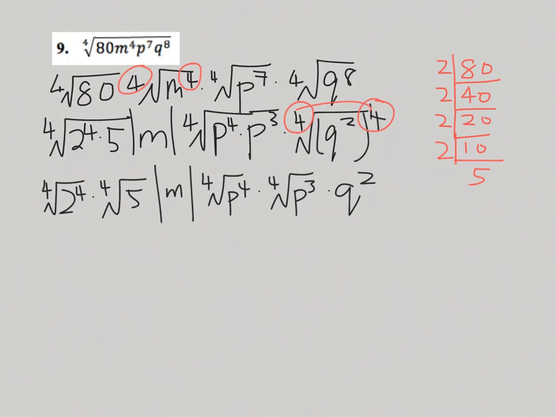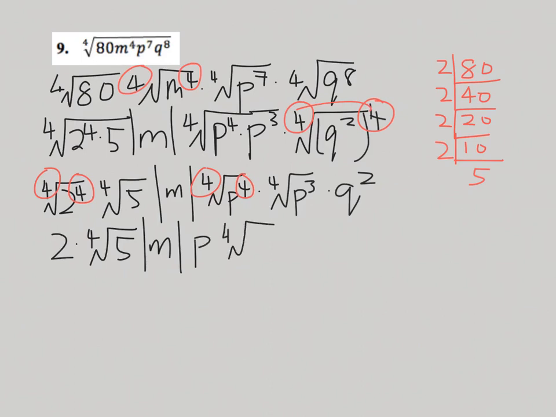The fourth root of 2 to the fourth is equal to 2, and the fourth root of 5 remains as that, and then you have the absolute value of m times, again, the fourth root of p to the fourth, which is equal to p, and the fourth root of p cubed.